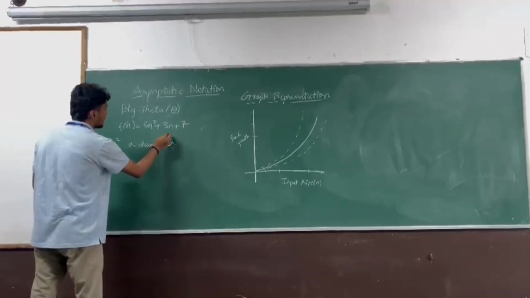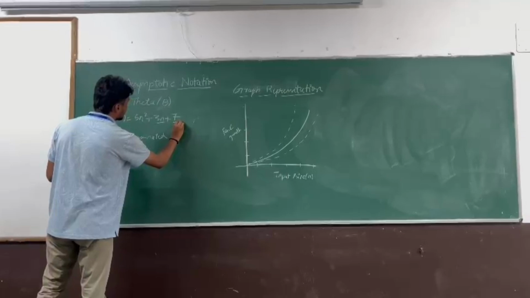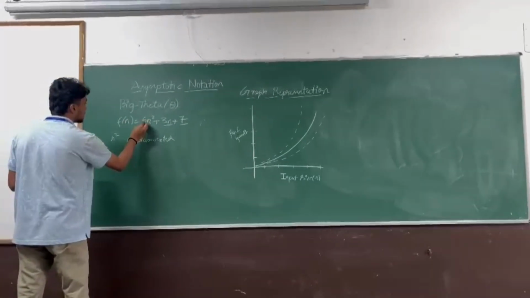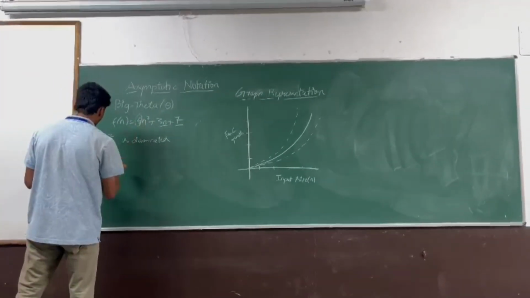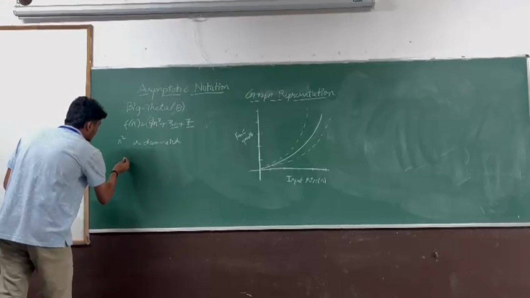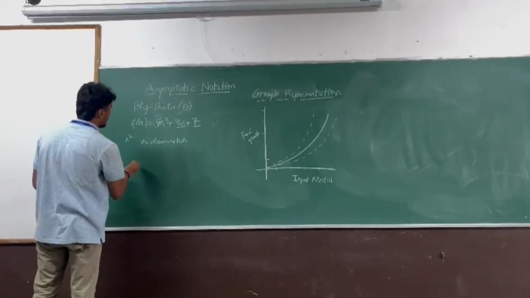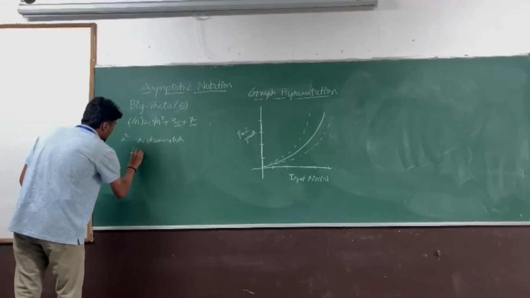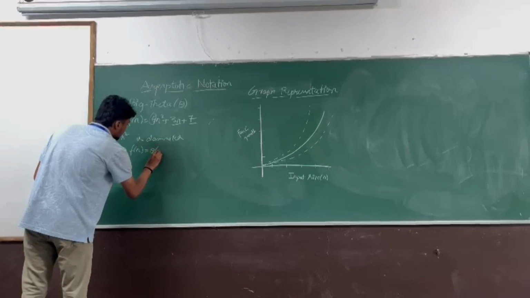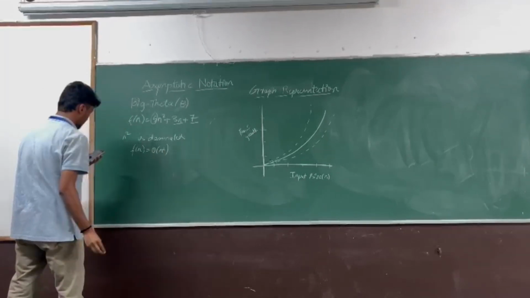So we will ignore the 3n and 7, and we will also ignore the constant part, which is 5. So we finally return the big theta function as f of n is theta of n square.